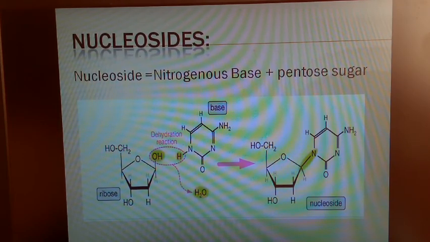If it is a pyrimidine, it is the first position of the pyrimidine, and if it is a purine, then the 9th position of the purine. So remember, it is very, very important.